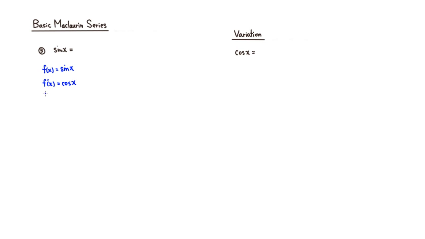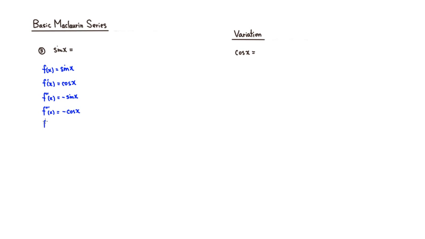Then the second derivative is negative sine of x. And the third derivative is negative cosine of x.